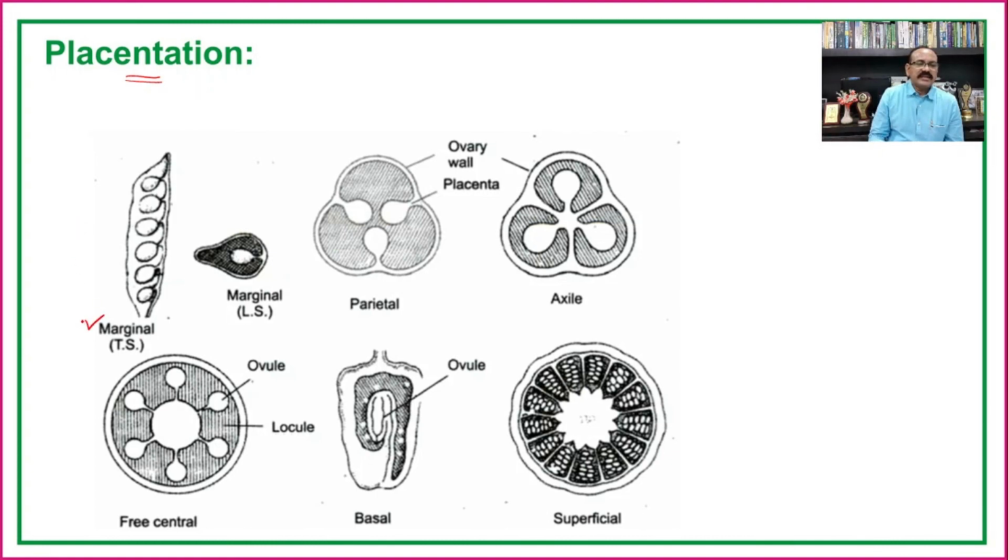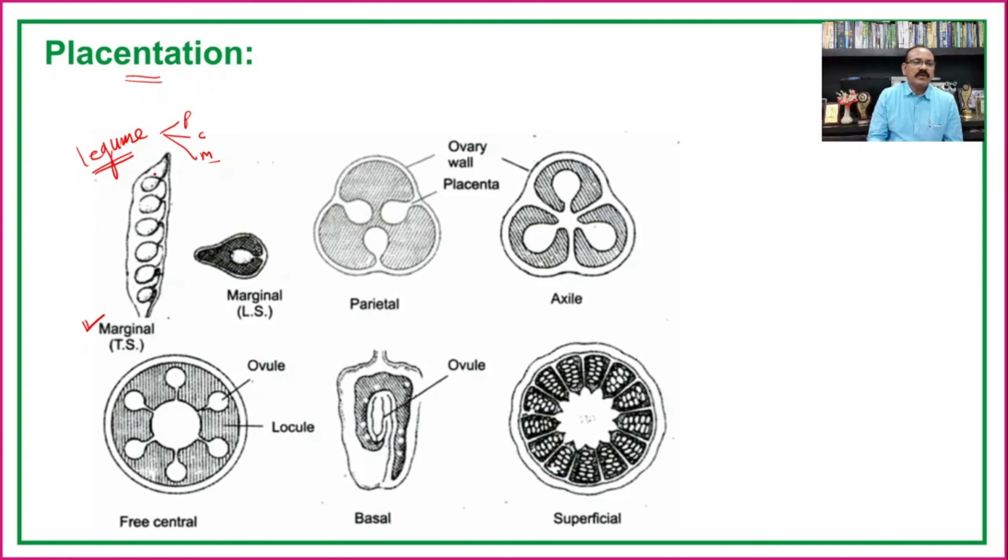The first one is marginal placentation. The best examples are the legume plants, that is Papilionaceae, Caesalpinaceae and Mimosaceae, which develop fruits from a monocarpellary ovary.